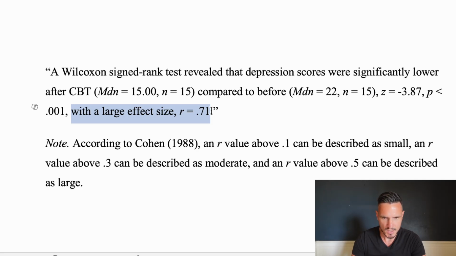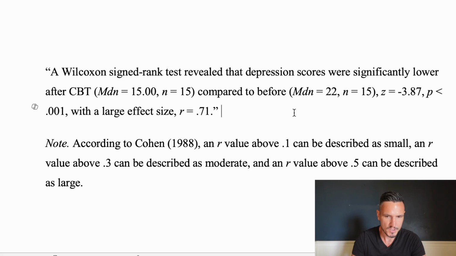Unfortunately, SPSS doesn't actually provide this for us, so we have to calculate it ourselves. And to do this, we take the Z value and we divide that by the square root of the total number of observations. And when we're looking at the Z value, we can ignore any minus symbol that might be in front of it. So the total number of observations is basically 15 from after the intervention and 15 from before the intervention.